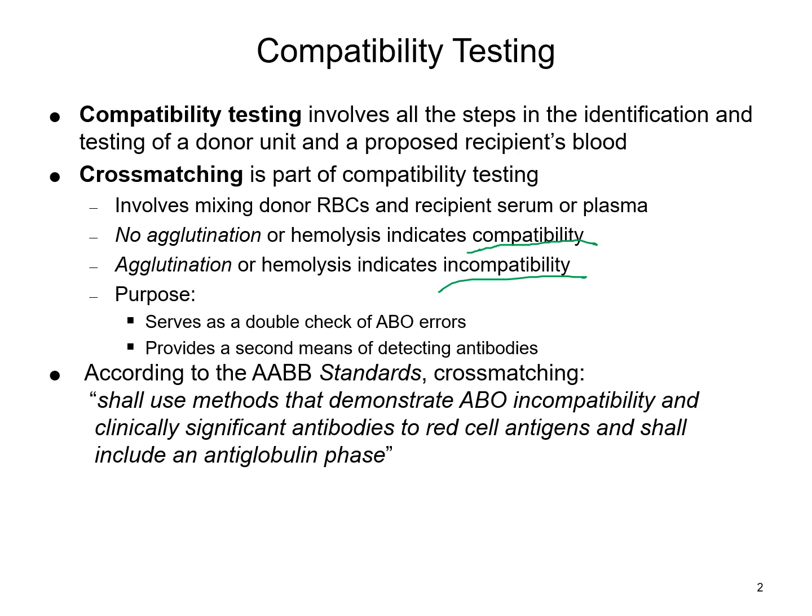Now, according to the AABB standards for cross-matching, a cross-match shall use methods that demonstrate ABO incompatibility and clinically significant antibodies to red cell antigens, and shall include an antiglobulin phase. So there has to be some sort of antiglobulin phase within that testing.